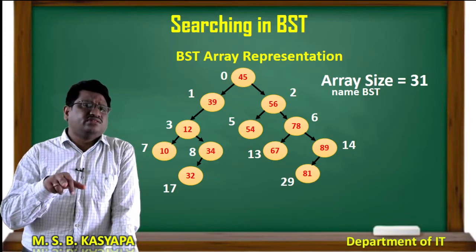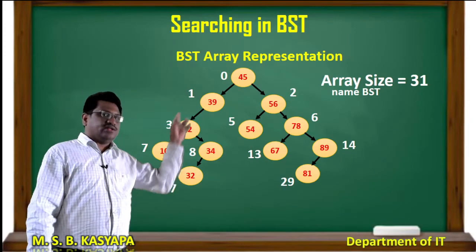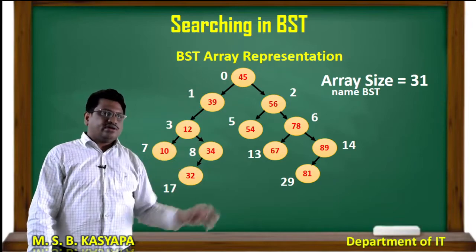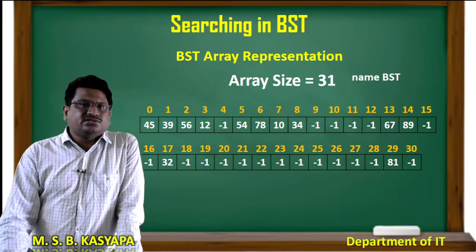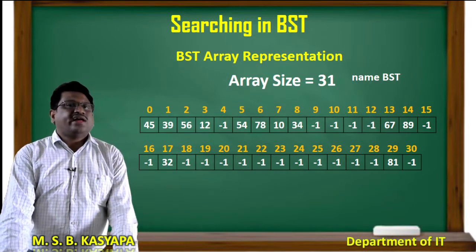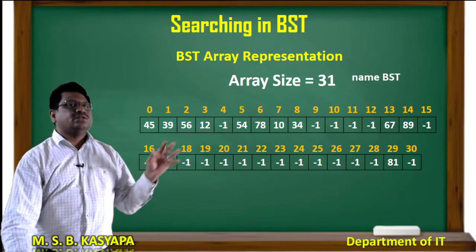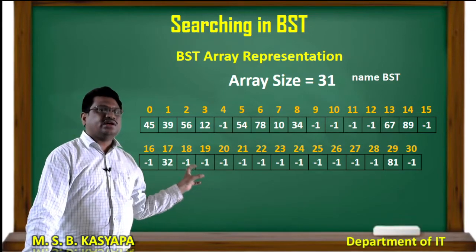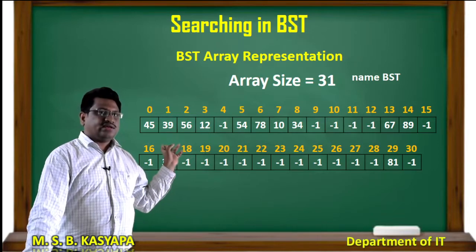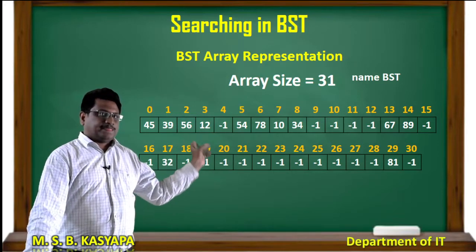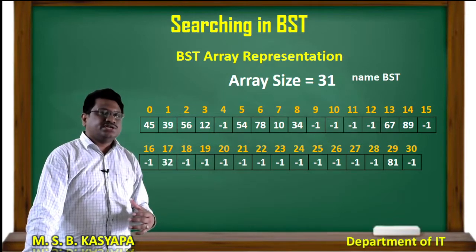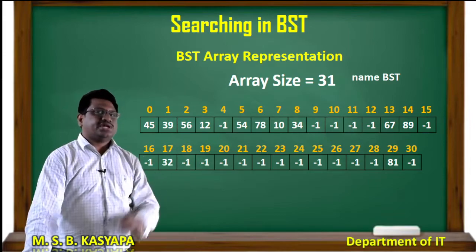After that, I will give each and every node a value. If I give the values, then the binary search tree will look like this in the array. Now, I am going to search for a value in this array.